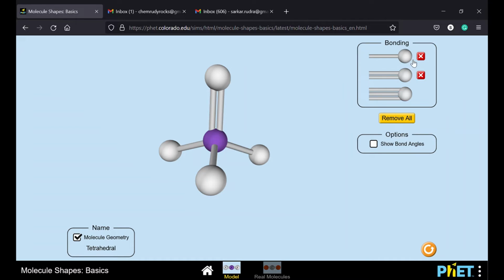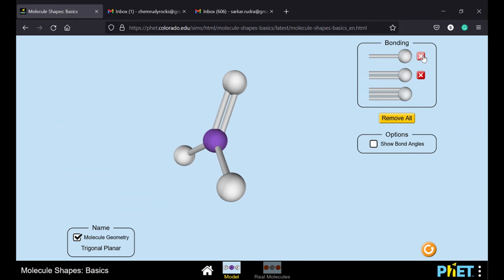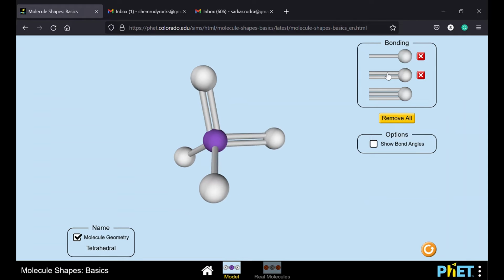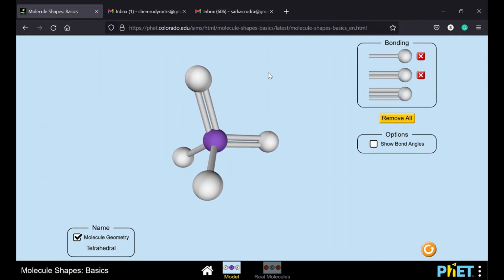Now, what if I have 2 double bonds and 2 single bonds attached to the central atom? For that, I will remove one single bond and attach one double bond. Now, a good example for this molecule will be SO2Cl2. Again, if one has to judge the angles, multiple bonds repel more.